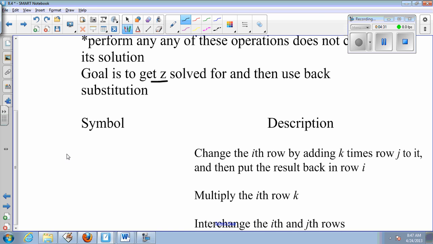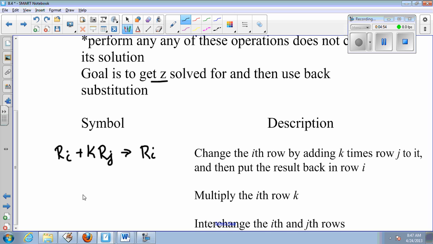Okay, so to add a multiple of one row to another, we're going to write Ri plus k, for constant, Rj, and that will give us our new row i.